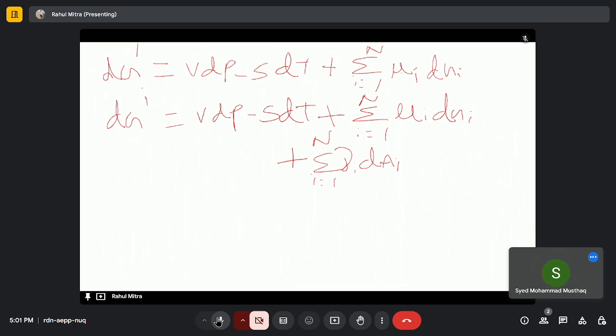What does that mean? That means the surface energies of all the phases. Suppose I have a cube, I have 6 phases, then I add all the surface energies of the 6 phases. If I have some other irregular shape, I add all the surface energies on it. That's how it is.